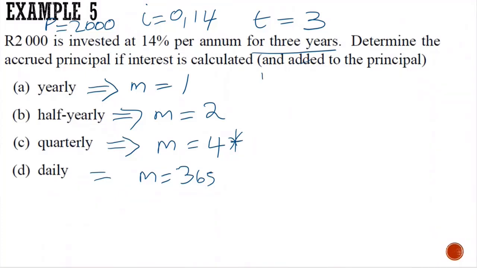Let us get an example of this one. If we were to do the calculation, what is it that we have to calculate here? We need to calculate an accrued principal. An accrued principal is your future value.